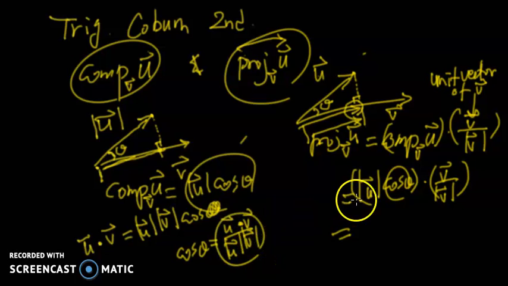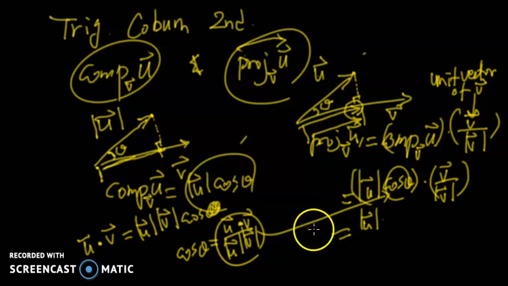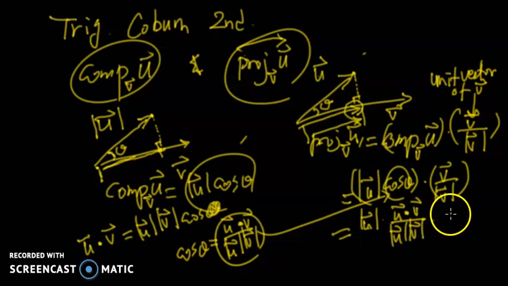You replace this one here. So let me rewrite: U vector size cosine theta is U vector dot product V vector divided by U vector size times V vector size, times V vector over V vector size, unit vector of V vector.